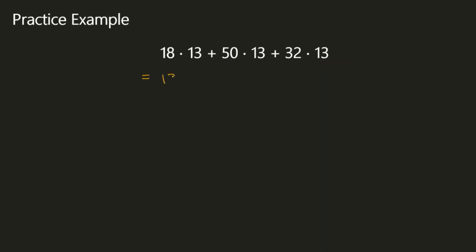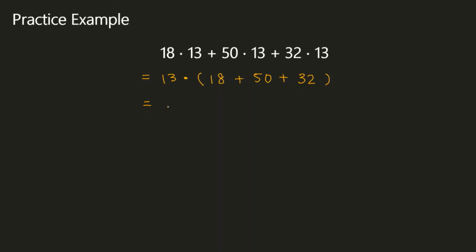So we're going to pull 13 out and put it on the side, and we're going to group the remaining non-common ones together. So in the first addend, 18 is what's left over, plus in the second addend, 50 is what's left over, and then plus in the third addend, 32 is what's left over. Okay, so we have this expression.